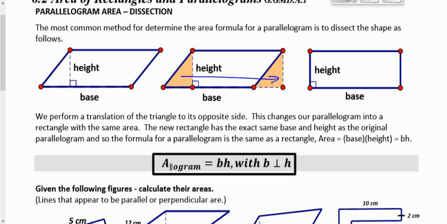What does that shape then become when we do that? A rectangle. And by the way, translations are what? Isometric. Are isometric. So this will be a rectangle with the exact same area as the parallelogram it came from, because we just translated, right?